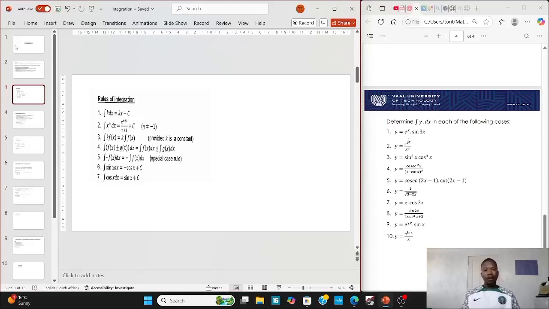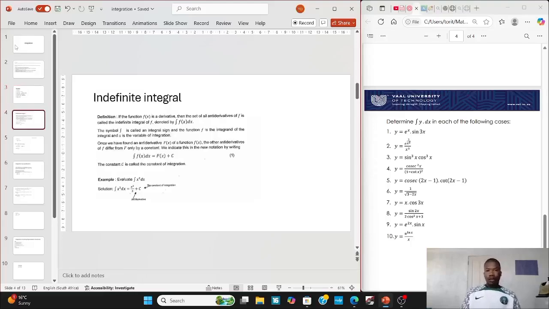Then the sixth and seventh rules, which we'll be using in trigonometric integration: the integral of sine x dx is equal to negative cos x plus c. The seventh is the integral of cos x dx is equal to sine x plus c.